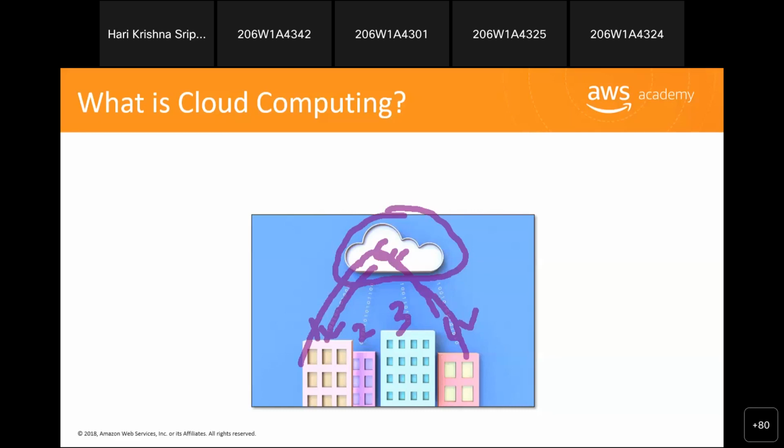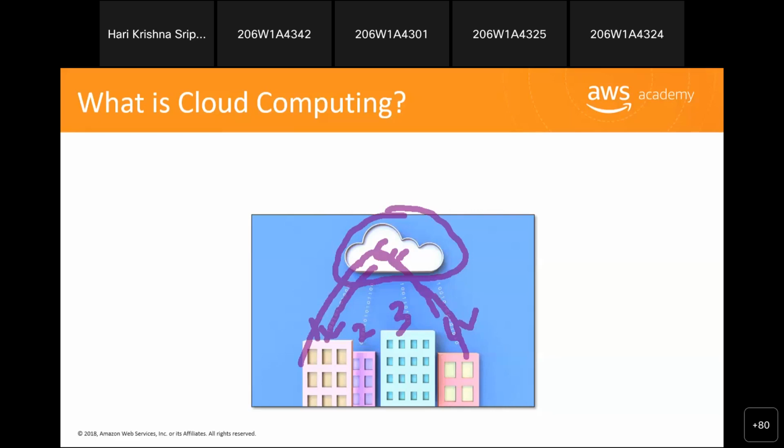So what do we generally communicate? Basically, for example, you are using email. I want to send one email to your college. I can't directly send an email to your college.